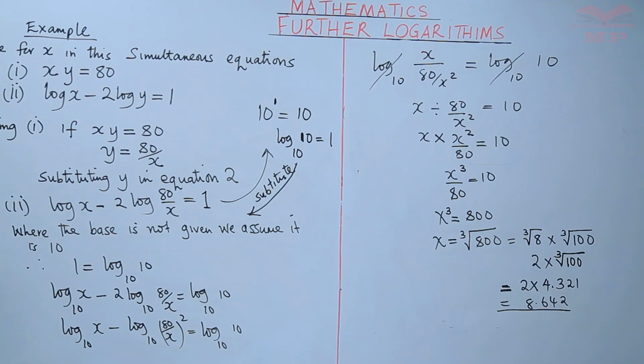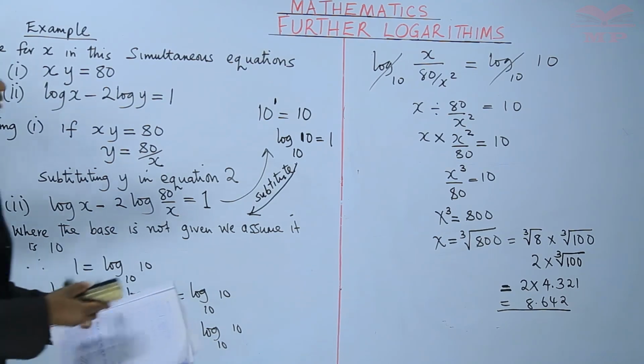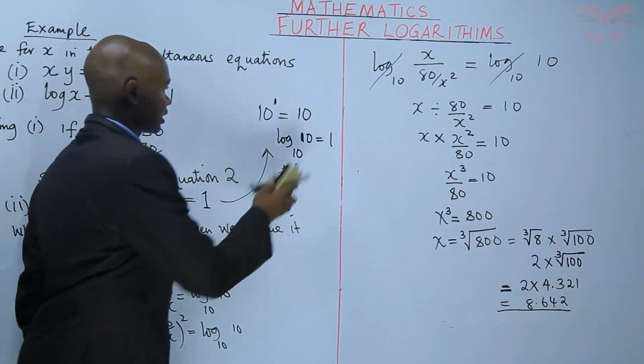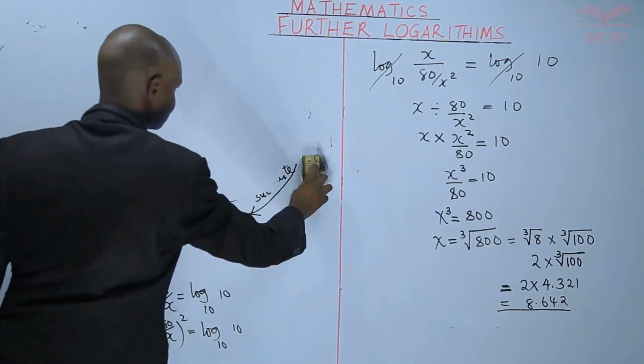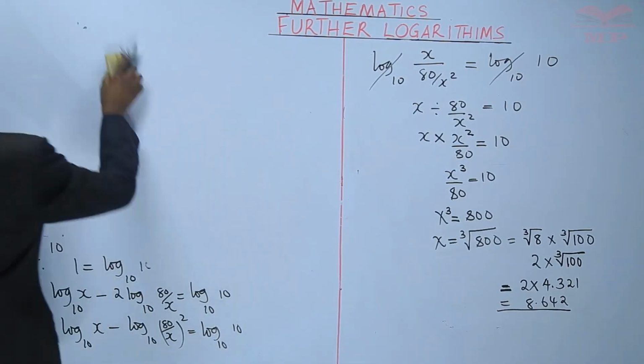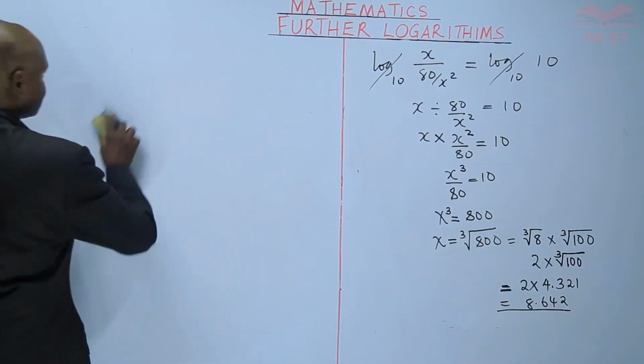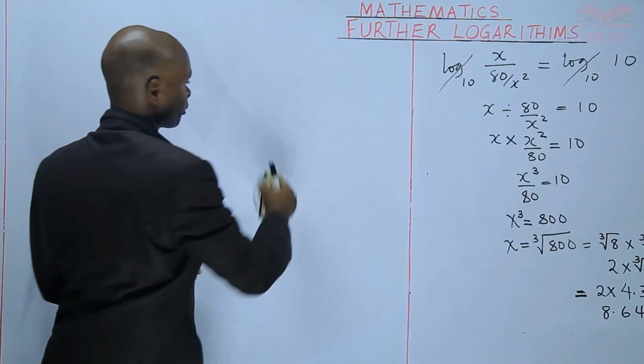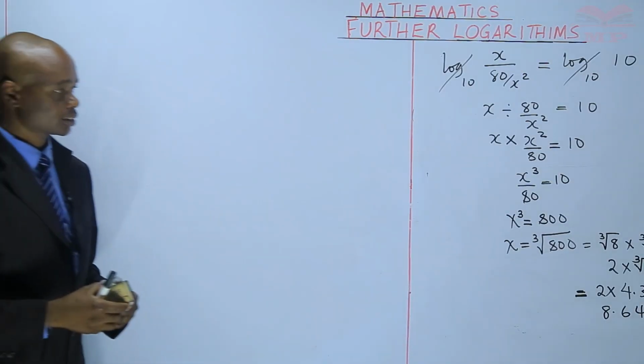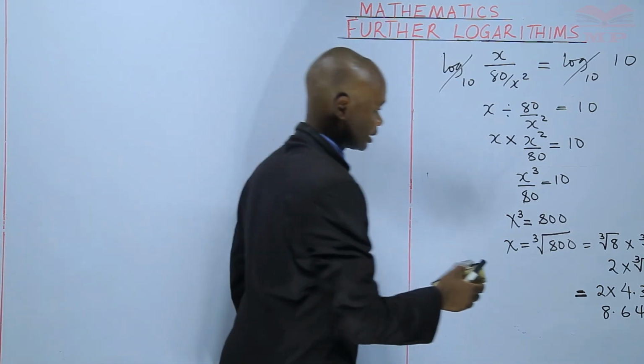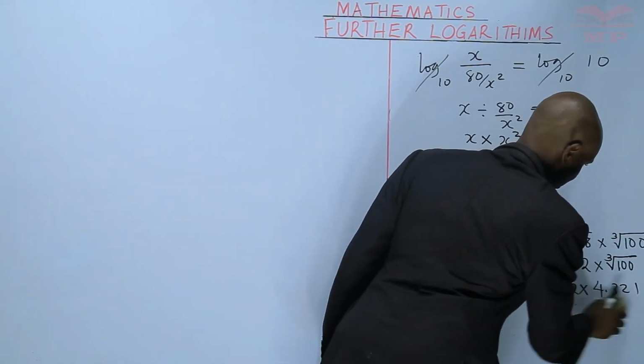So without wasting a lot of time, I'll give you an assignment related to the same. But before we go to the assignment, there is something we need to check here.